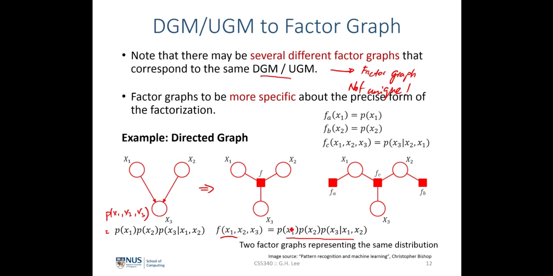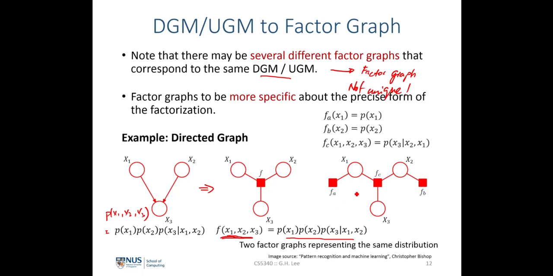We simply write all this together into one factor of x1, x2, and x3. When we are given this particular form of the factor graph, there is only one way of writing this joint probability distribution, and that has to be given by the factor of x1, x2, and x3 together. We don't care that this factor can be further factorized, or rather there won't be a notion of further factorization encoded in this particular form of the factor graph.